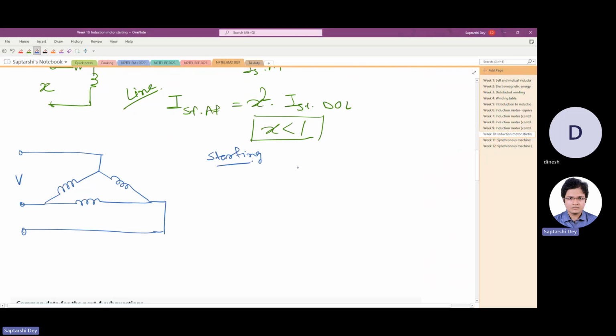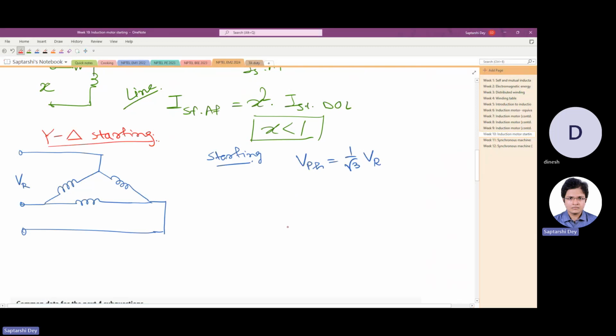So now if this is V, at starting what you are doing is, the phase voltage is 1 by root 3 times V. Say I call this V_R, V rated. So 1 by root 3 times V rated. I will mark this as star delta starting.